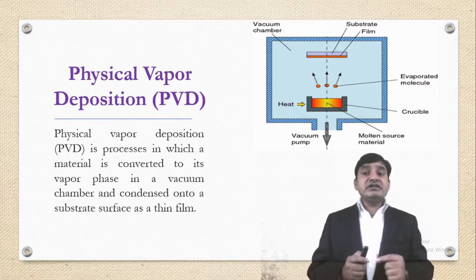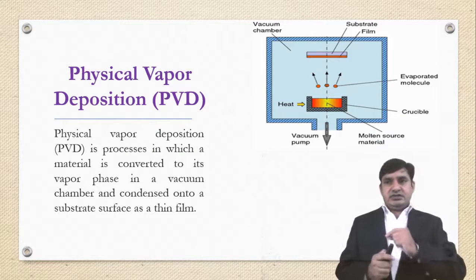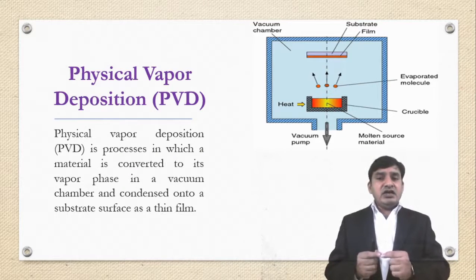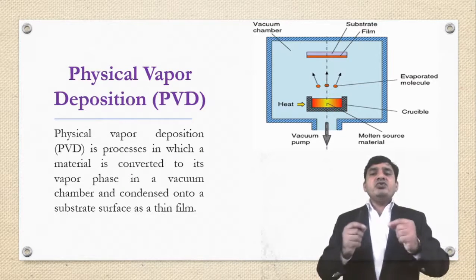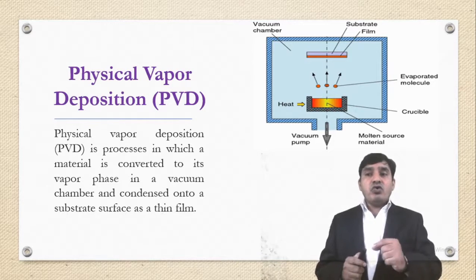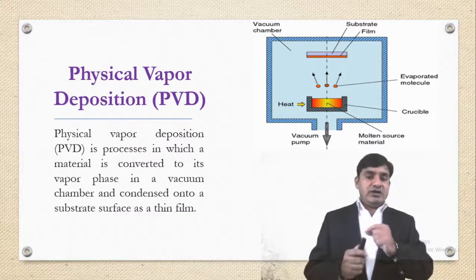Second is indirect heating, in which the material which we have to evaporate is placed in a boat or crucible.